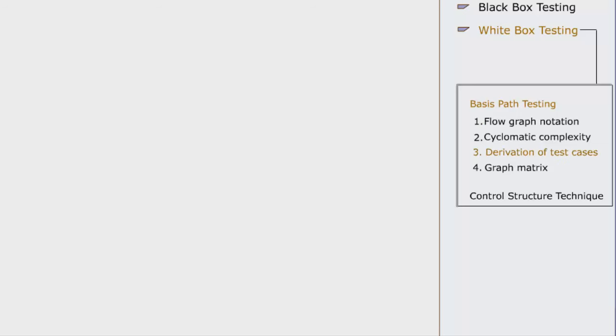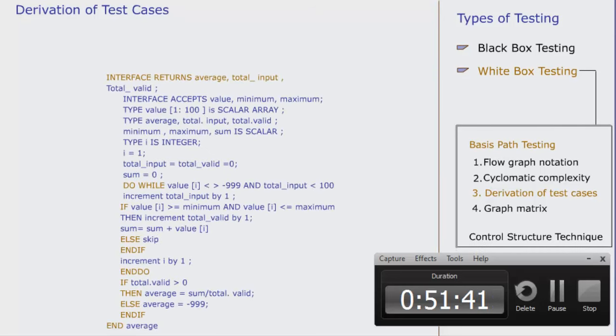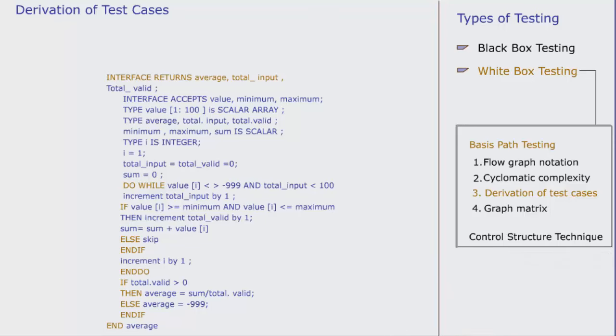Dear learners, before deriving test cases, consider a procedure described by Pressman in his book of software engineering. The procedure computes the average of 100 or fewer numbers that lie between a range or boundary values specified by user. The procedure should compute the sum and count all the numbers that fall in the given range. These numbers will be called valid numbers.